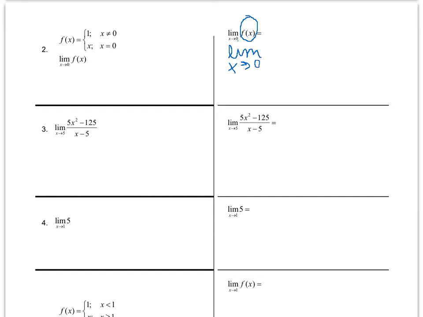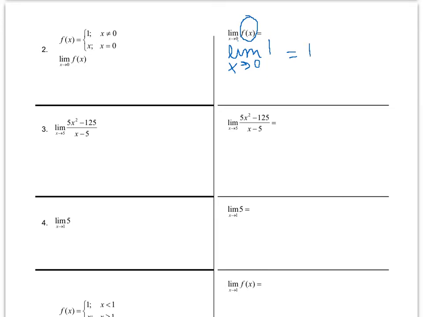So it's important for you to choose the right function to substitute in here. So f of x equals 1 because x is approaching 0. It's not at 0. And this goes right back to limit theorem, I believe that was number 1, where we've got a constant and x is approaching. It doesn't matter because the y value is a constant. So this limit is going to be a 1.